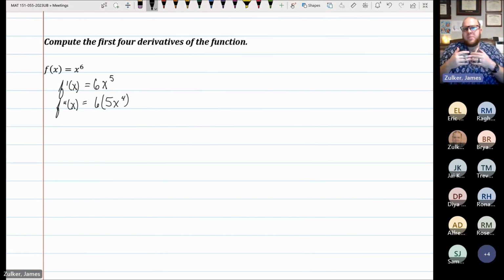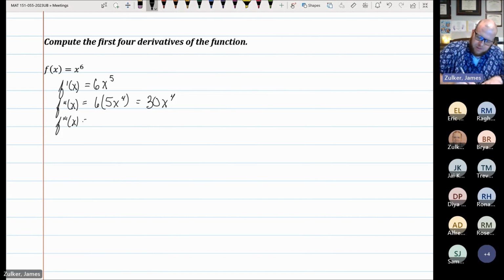Because remember, the second derivative is the derivative of the first derivative. Triple prime, third derivative. Derivative of the second derivative. And finally, the fourth derivative would be the derivative of the third derivative.